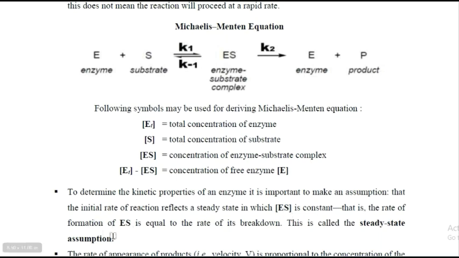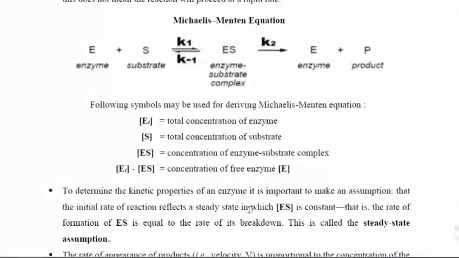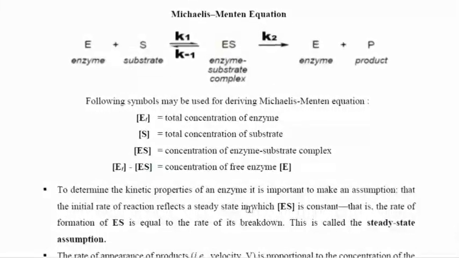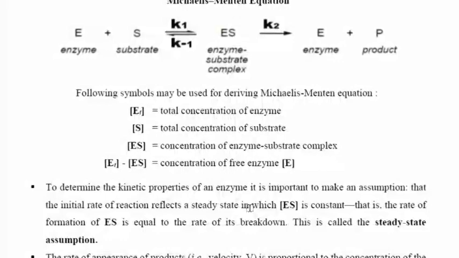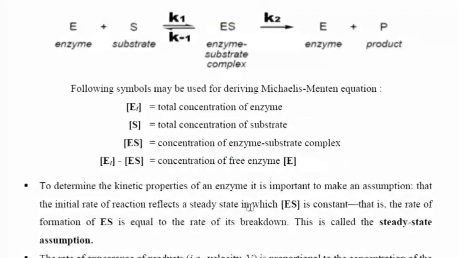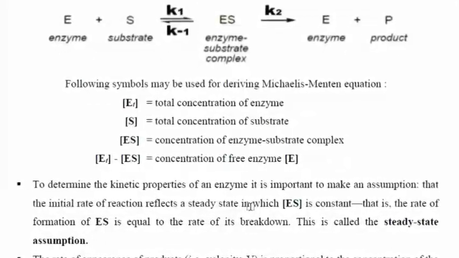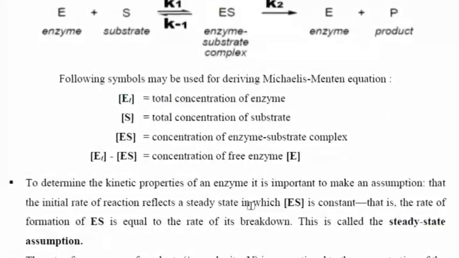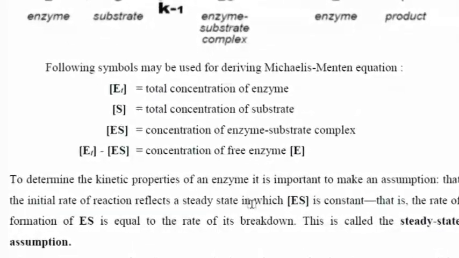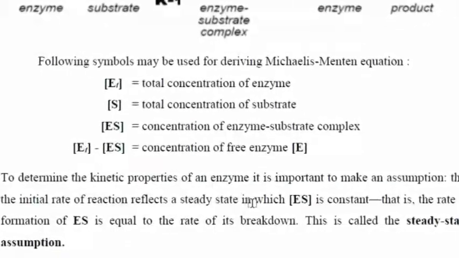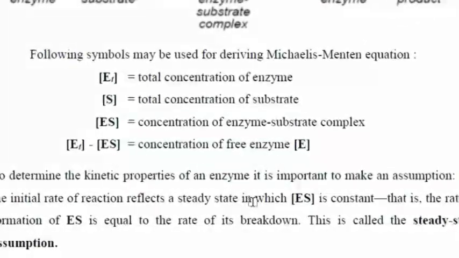So to calculate the free enzyme, the free enzyme equals the total enzyme minus the enzyme that binds to the substrate, that is, the enzyme substrate complex. Once you subtract the enzyme that binds to the substrate from the total enzyme, you'll know the enzymes that do not partake in the reaction.